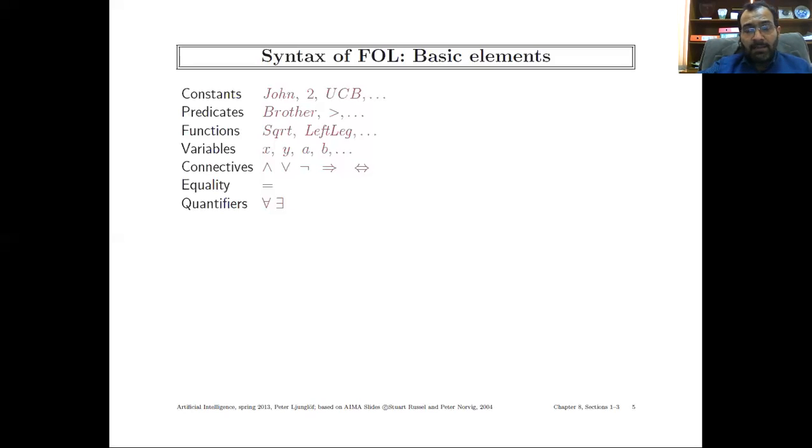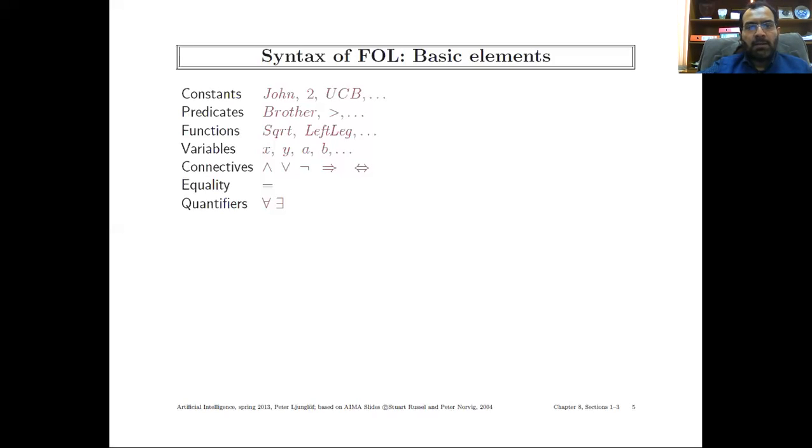And then the most important thing here is the availability of quantifiers. These quantifiers give you the freedom to represent generalized or universal statements which were not available in the propositional form of logic. So here there are two quantifiers which are available.